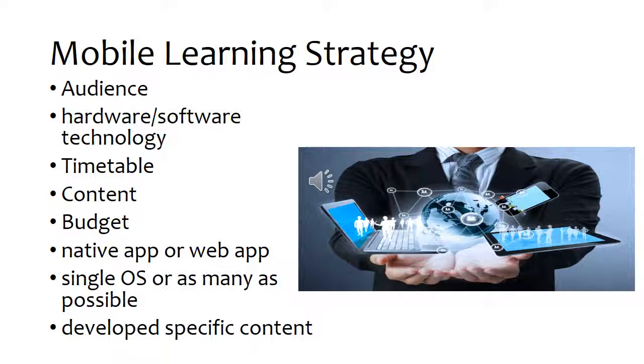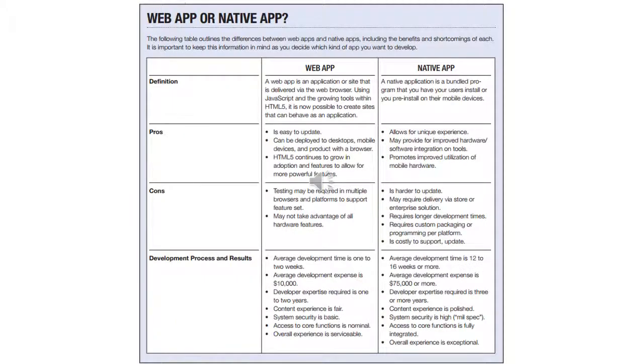Will it be a native app or a web app? And you must be able to deploy through multiple operating systems, or in a limited cohort of learners, it can be a single operating system. And then the specific development of the content by subject matter experts that comply with the principles of mobile.